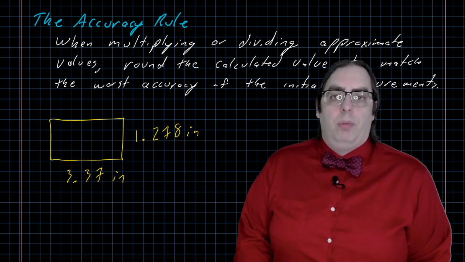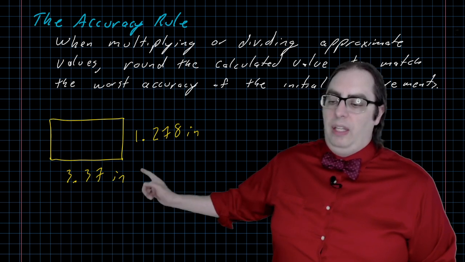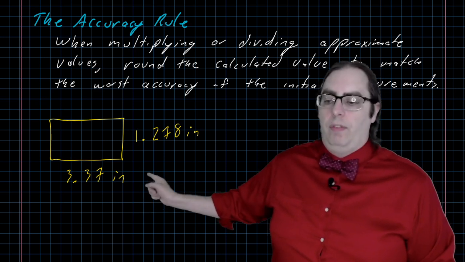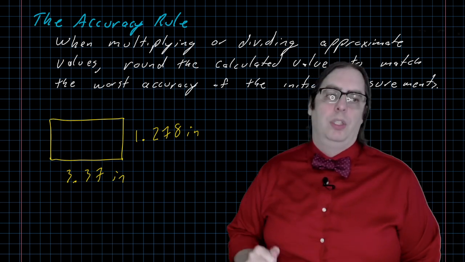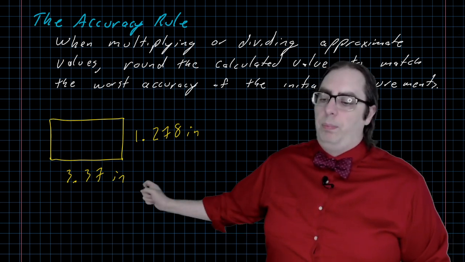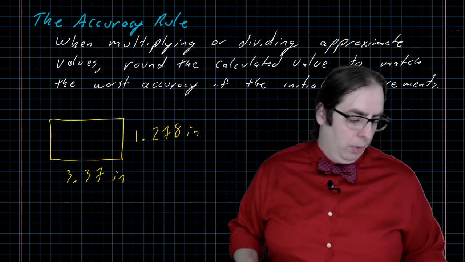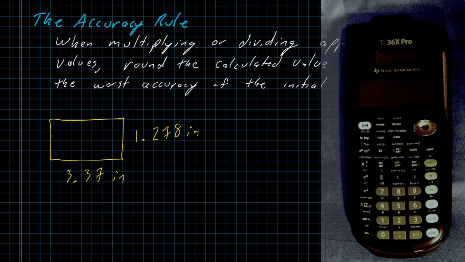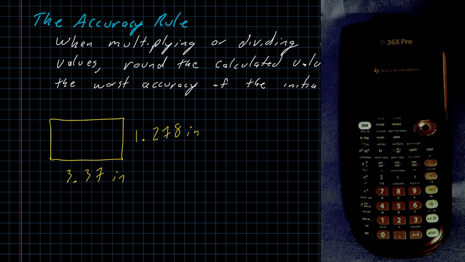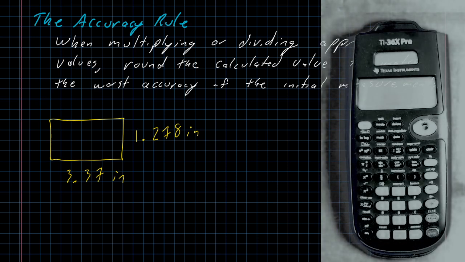We've lost precision. Our length is measured to the nearest hundredth of an inch. Our width is measured to the nearest thousandth of an inch. Because we lost precision with that length, that's going to cause problems as we go forward, but not too badly. All right. If I bring my calculator back, and let's turn on some more lights so that we can actually see the calculator.